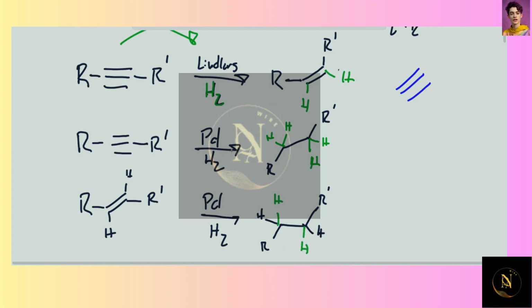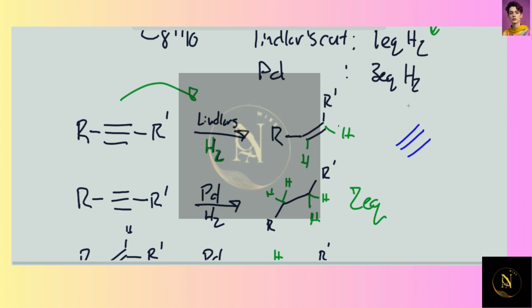Right? Okay, so palladium on an alkyne will add 2 equivalents. Palladium on an alkene will add 1 equivalent, and Lindlar's on an alkyne will add 1 equivalent, and Lindlar's on an alkene will do nothing.